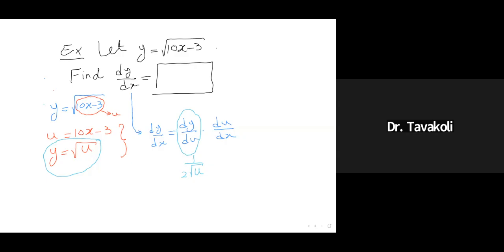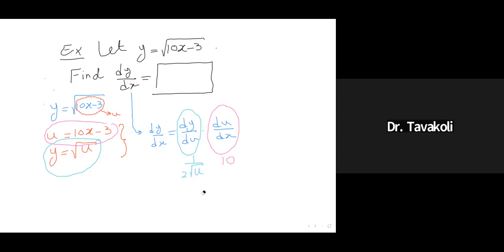Also, we can find the derivative of u with respect to x because u is 10x minus 3. That's quite simple. The derivative of 10x minus 3 is just 10.